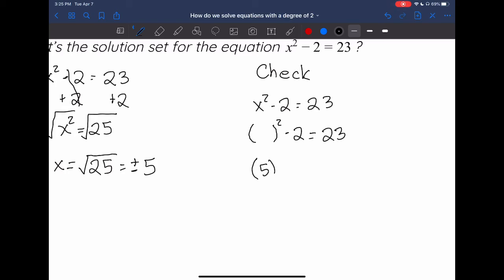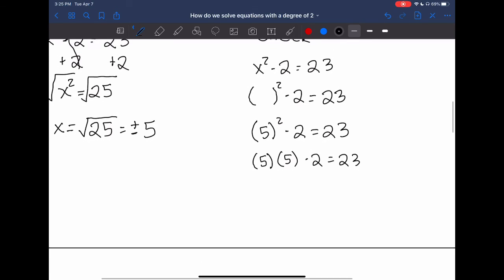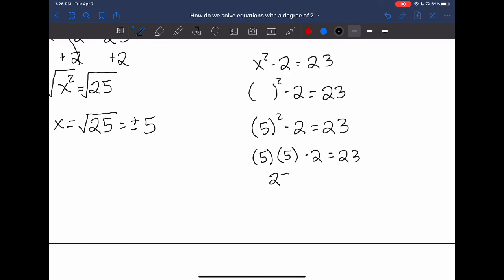So 5 squared minus 2 is equal to 23. I'll expand out this 5 squared, so I have 5 times 5 minus 2 is equal to 23, and I know that 5 times 5 is equal to 25. So I can put in 25 minus 2 is equal to 23, which is correct. So I know my positive 5 works.